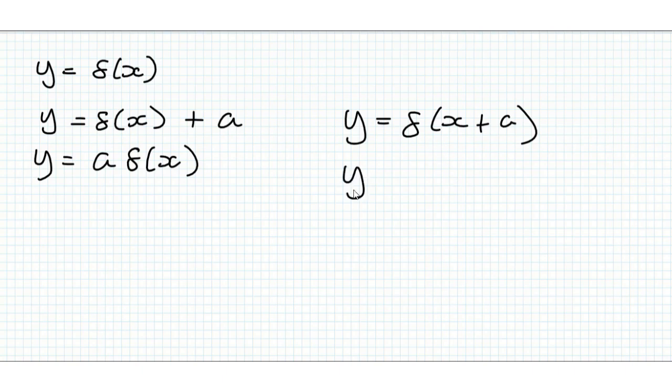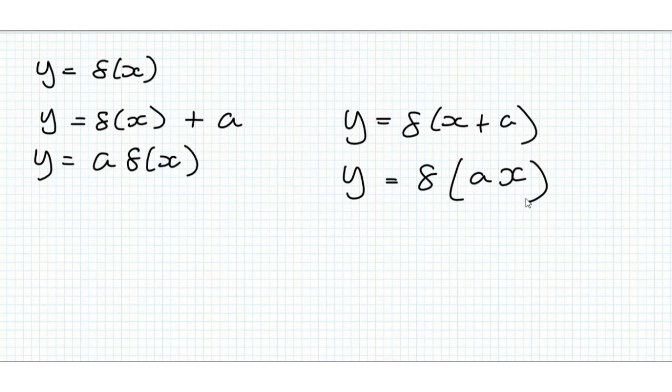Now if we get y is equal to f of ax, well, now in a similar line of thinking, we want the value of x that's going to give us our original value y is equal to f of x, and that is going to be x over a. Alright, it's a little bit weird to get your head around.